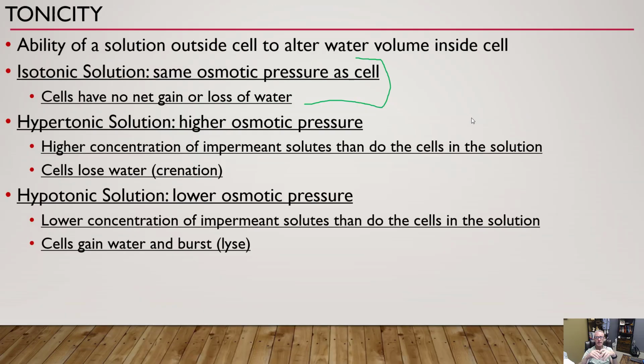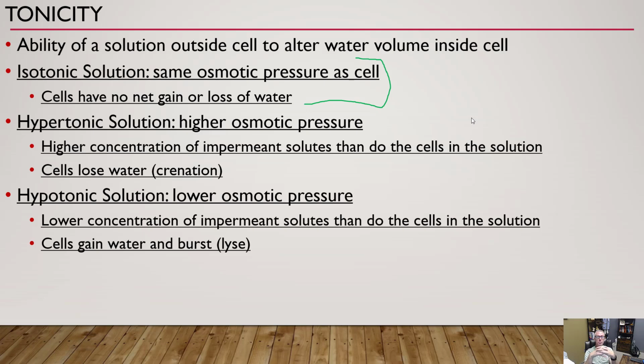So hypertonic, more extras in the bloodstream compared to the cells. Water's going to move from the cell to try and dilute the extras in that bloodstream. So cells are going to lose water because they're trying to dilute whatever's in that bloodstream, and the cells are actually going to shrink up.